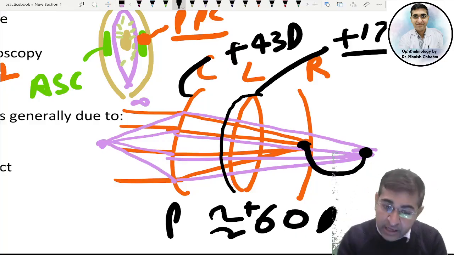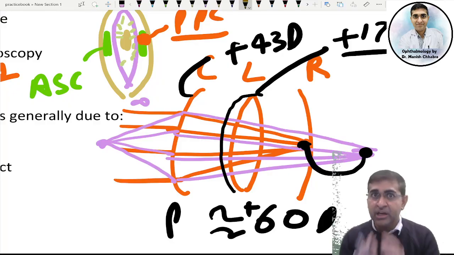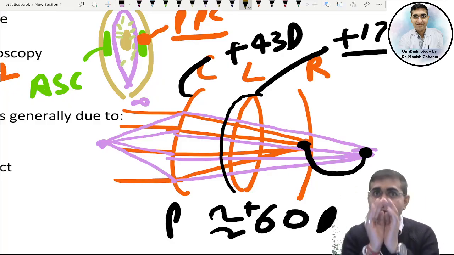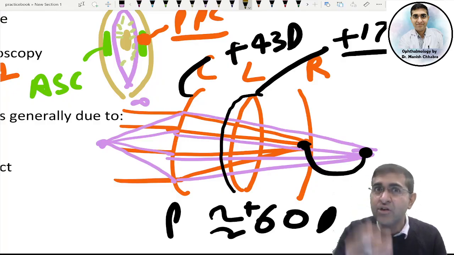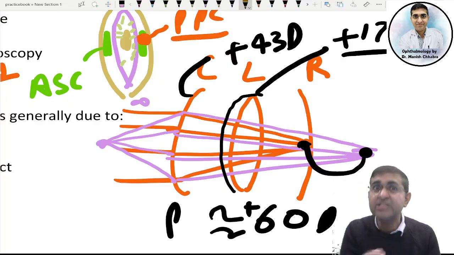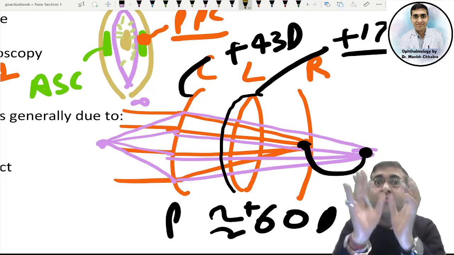Okay, now if the patient has got nuclear cataract, so there is opacity in the nucleus, but what happens after 40 years of age? After 40 years of age, there is physiological decrease in amount of accommodation.